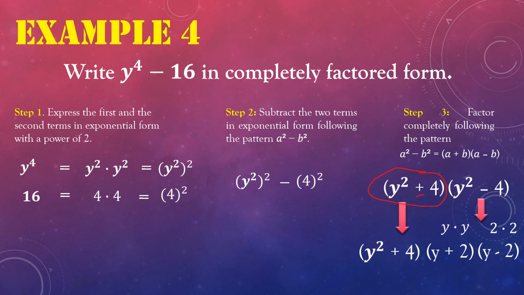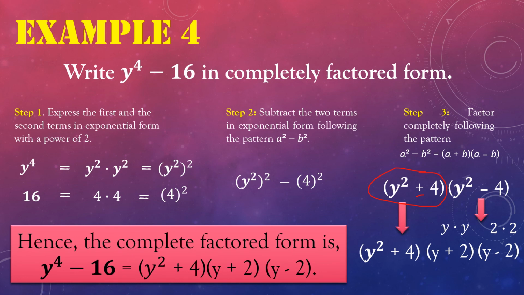So copy y squared plus 4. Hence, the complete factored form of y raised to 4 minus 16 is equal to y squared plus 4 times y plus 2 times y minus 2.